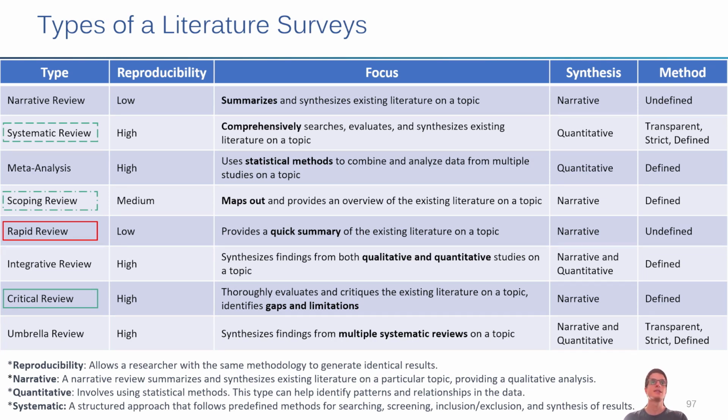The meta-analysis, similarly to the umbrella review, consumes other research, but with the goal of statistical analysis. So if you are looking at a field where a lot of statistical analysis has been done, you're getting a lot of numbers. These numbers are dependent on sample size. If you have a small sample size in one paper, there might be a large margin for error, because with a greater sample size, you get fewer errors.